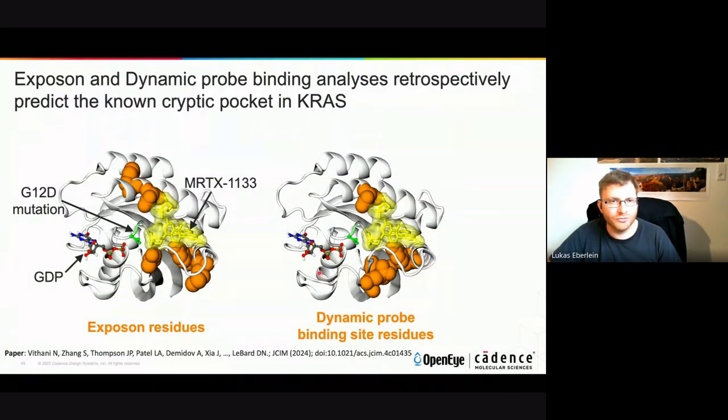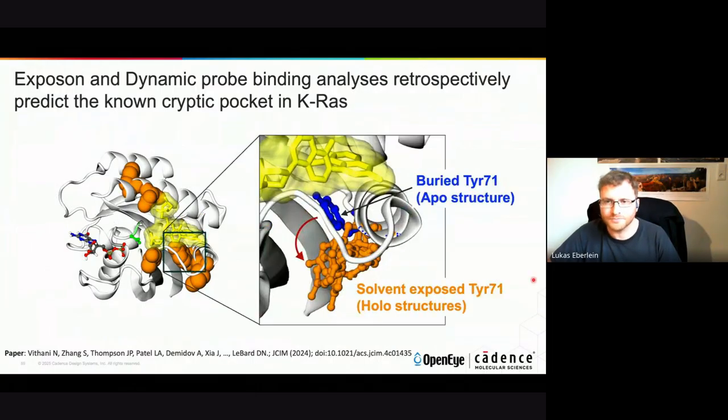The switch 2 pocket is opened in both cases, so we quite nicely see that the residues involved in the pocket opening are highlighted by both of these methods, and they really quite nicely open the pocket where this Mirati compound binds.